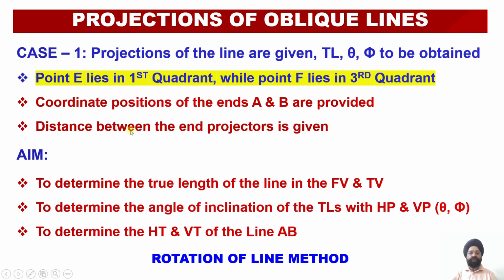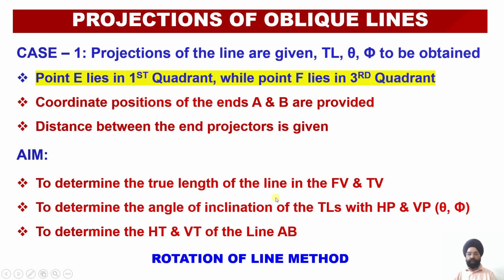Once these two things are provided, we'll be able to draw the projections of the line first of all, and then again we'll follow the same route, that is, rotate the projection A dash B dash or E dash F dash and EF to make it parallel to HP and VP, and then draw vertical perpendicular lines to the second point of the opposite side, so that you obtain the true length of the line in front view or in the top view.